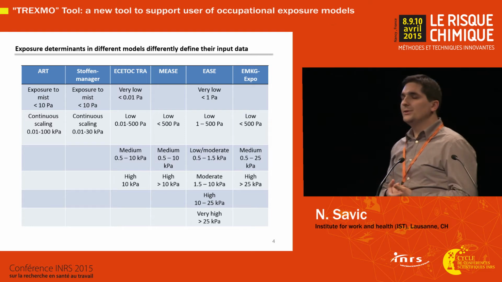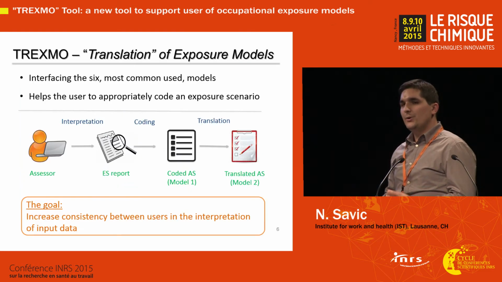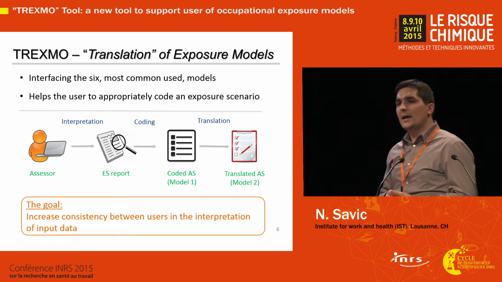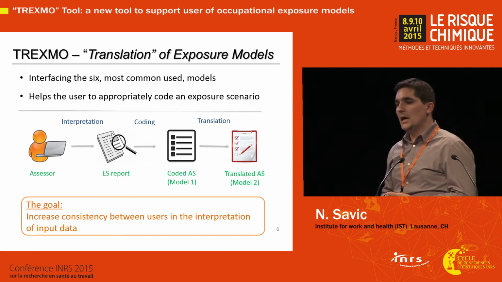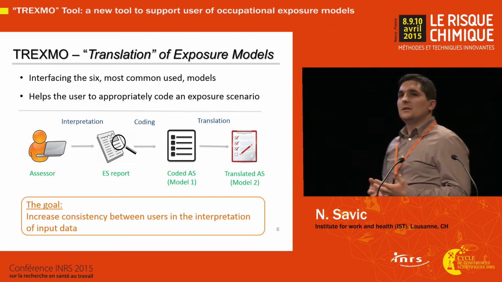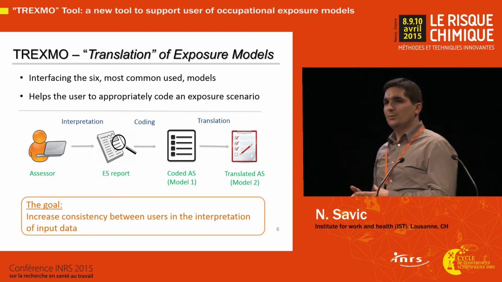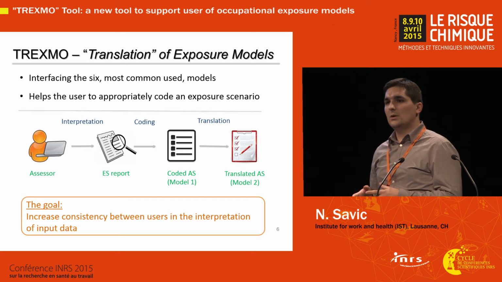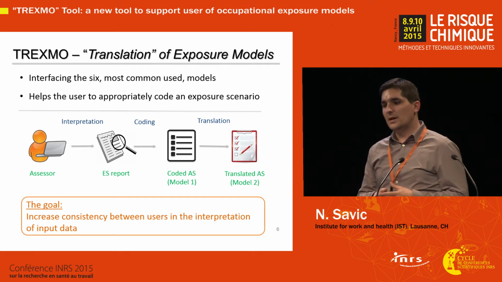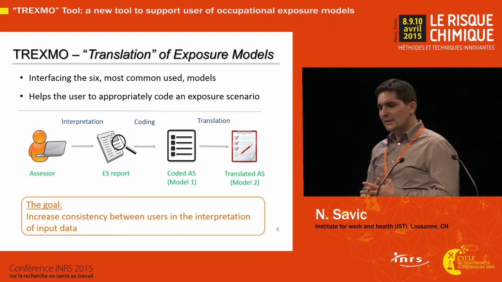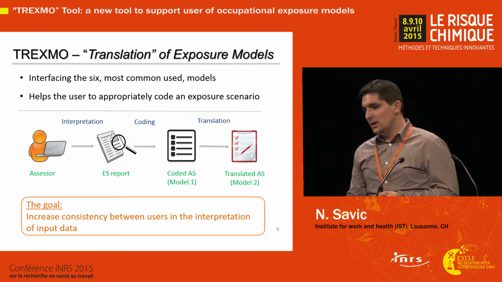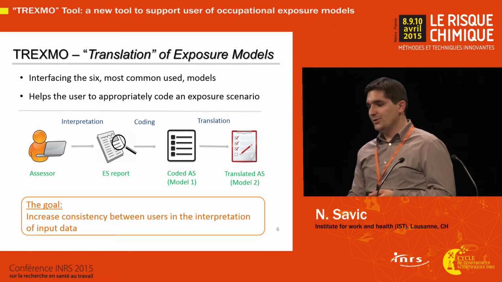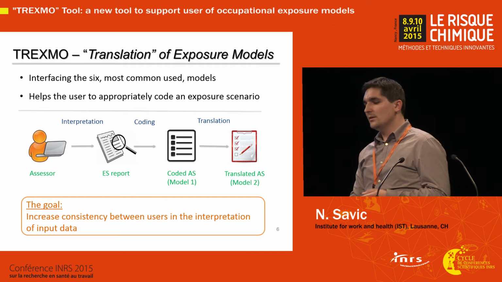Because of this, we started to develop a new system that should help users define their exposure scenario in the most appropriate way in these 6 models. This system interfaces the 6 most commonly used models, those models which I mentioned in the first slide. In this system, the user, or assessor, interprets his exposure scenario report and codes that scenario in one of the models.